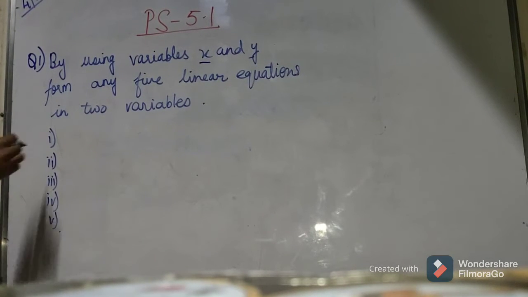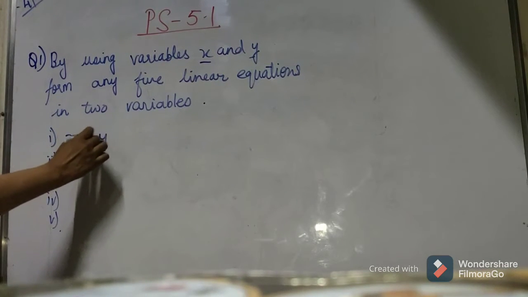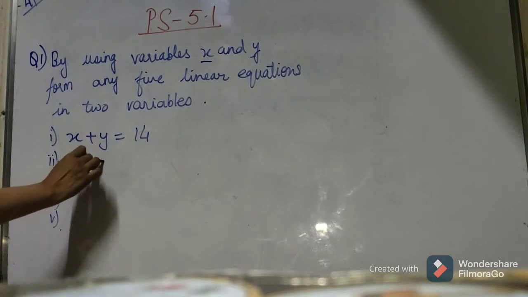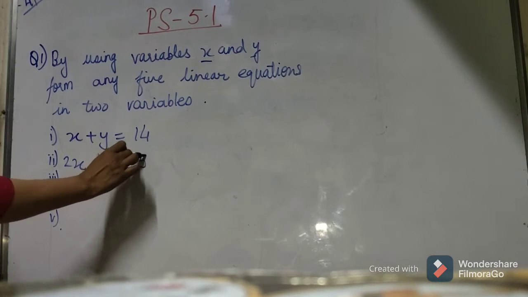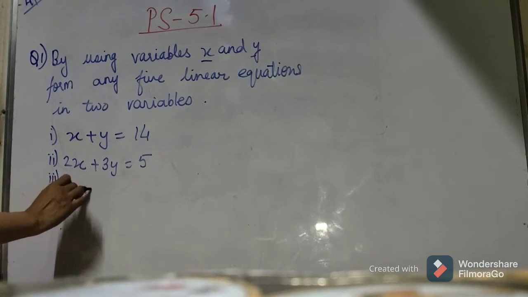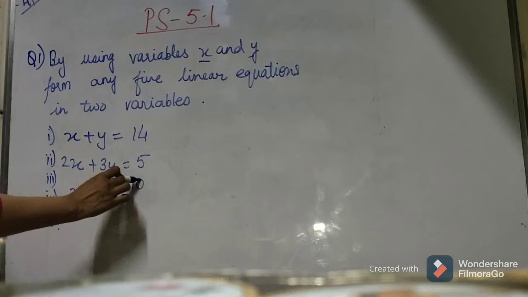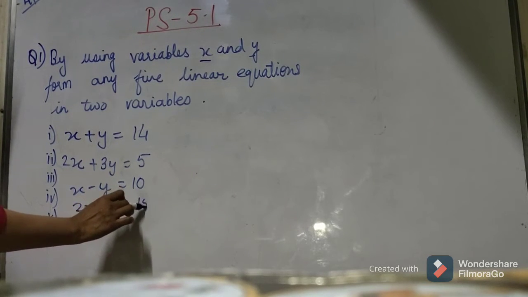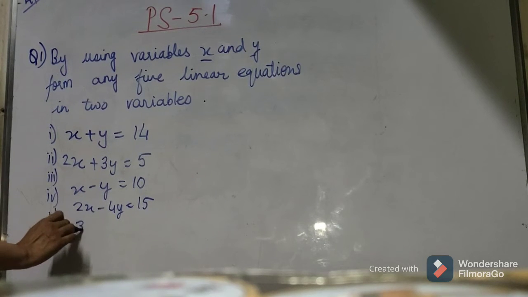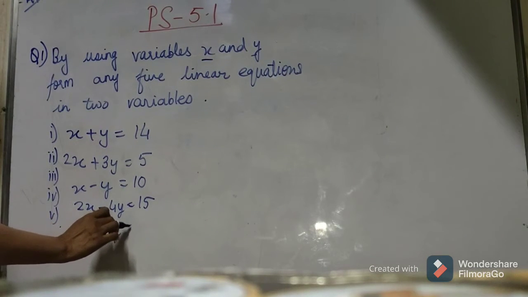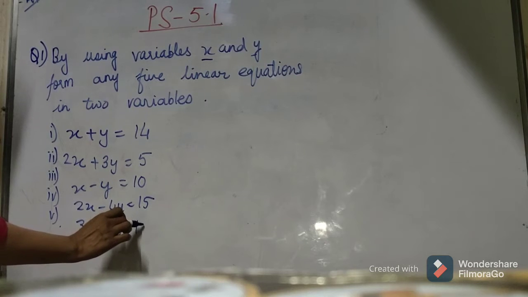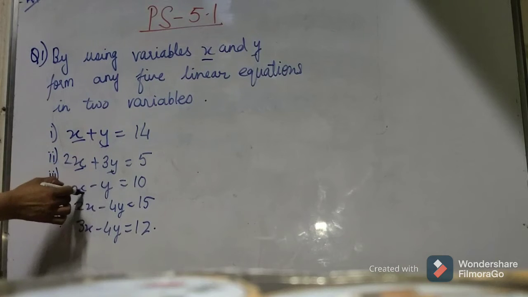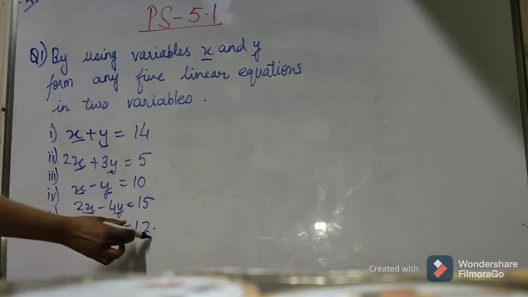Okay, so I can write x plus y is equal to 14, or 2x plus 3y is equal to 5, or x minus y is equal to 10, or 2x minus 4y is equal to 15, or 3x minus 4y is equal to, let us say, 12. All these are linear equations. You can see everyone has x and y variables.